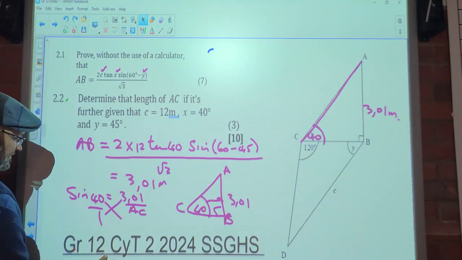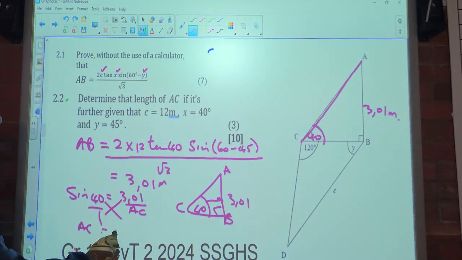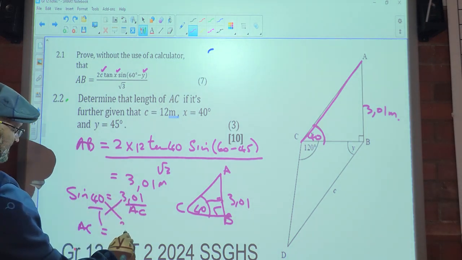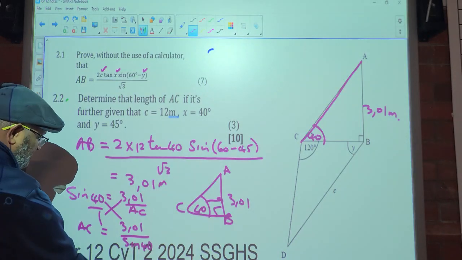You cross multiply. That now gives you AC sine 40 is equal to 3,01, divided by sine 40 both sides. So AC is 3,01 over sine 40.